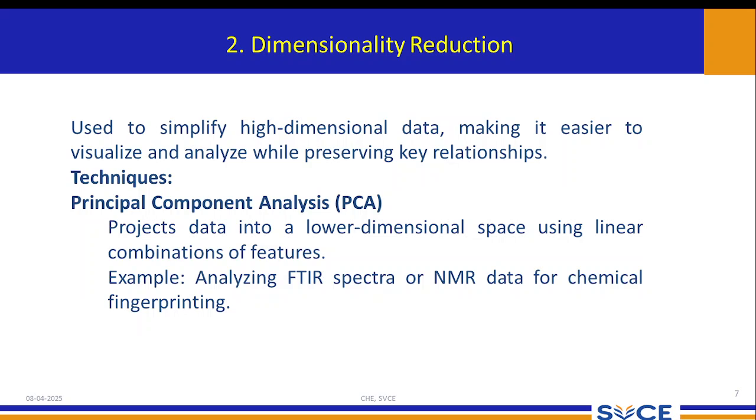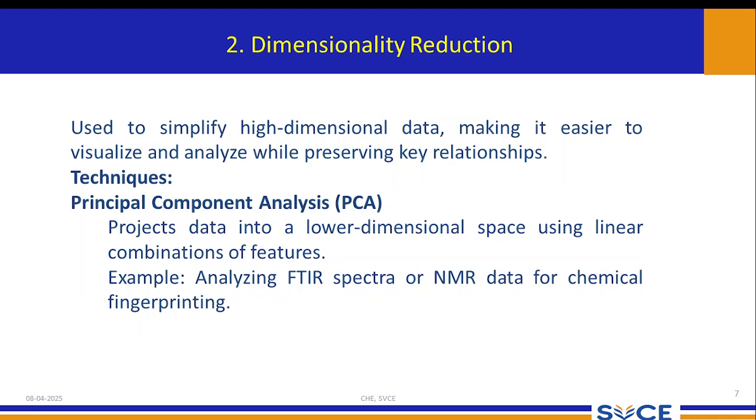Dimensionality reduction is basically used in principal component analysis, which projects data into a lower-dimensional space using linear combinations of features. An example is analyzing FTIR or NMR spectra data for chemical fingerprinting. With FTIR, you can find the functional groups, their presence, as well as the different types of vibration of the functional groups. So this will help you understand the data.